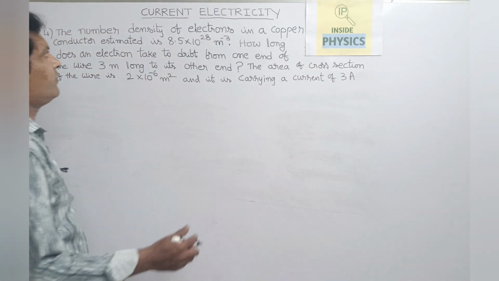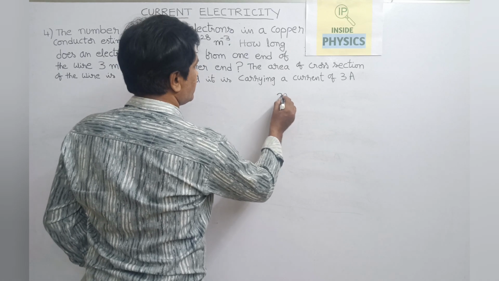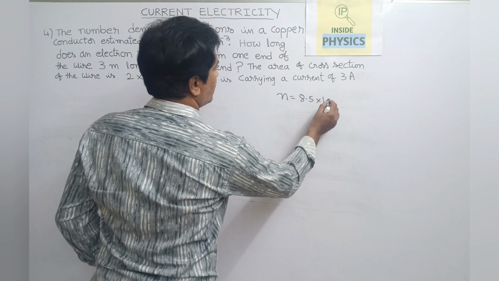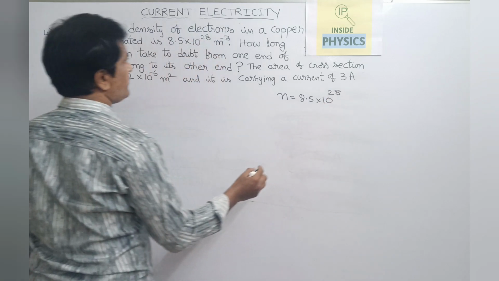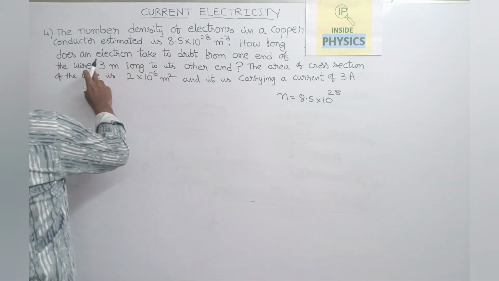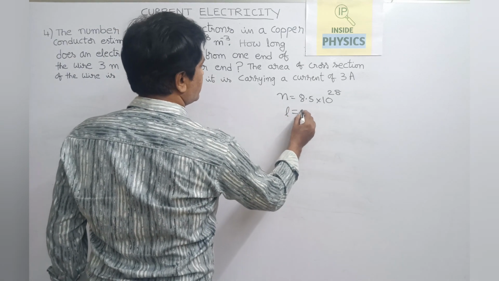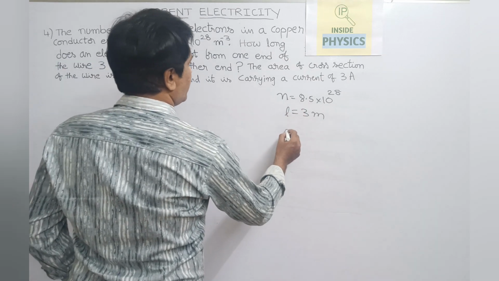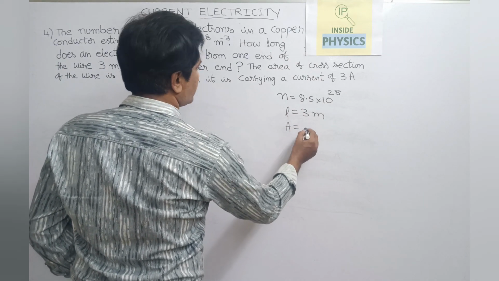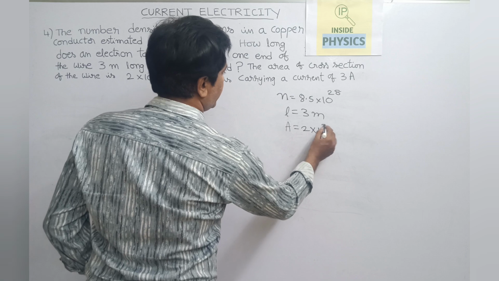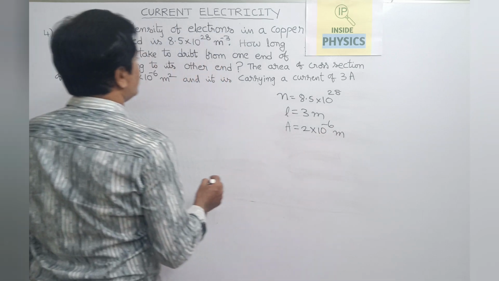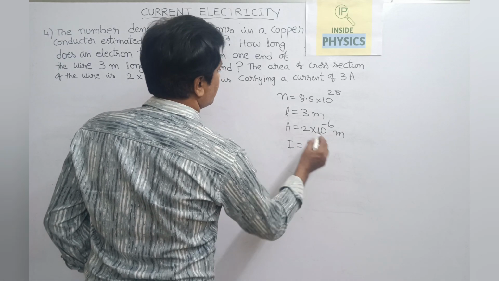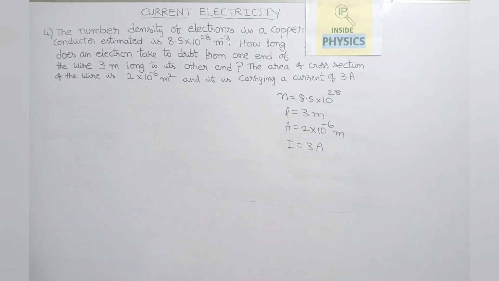So, the data we have is number of electrons is equal to 8.5 into 10 to the power of 28, and what else, the length of the wire is 3 meters, and the area of cross section of the wire is given as 2 into 10 to the power of minus 6 meters square, and the current carrying in the wire is 3 amperes. This is the data which is given in the problem.